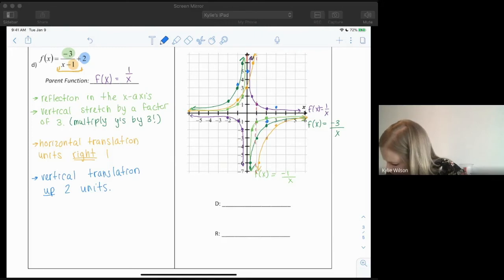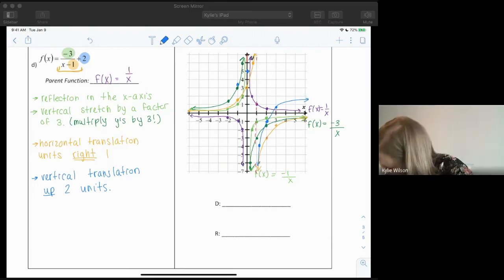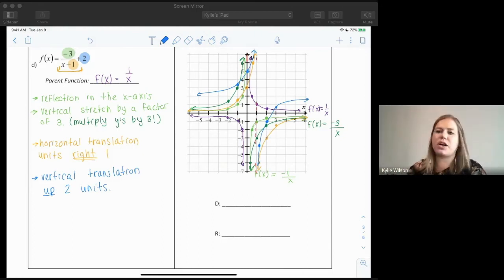There we go. And now our lines are almost touching 2. So those transformations move our asymptote. These ones get a little crazy to look at, but it's the exact same steps.